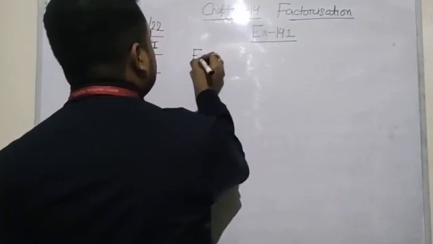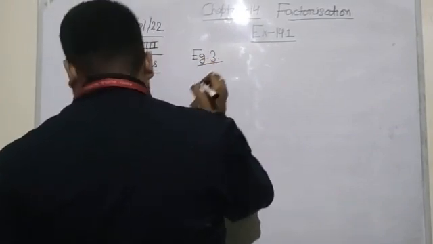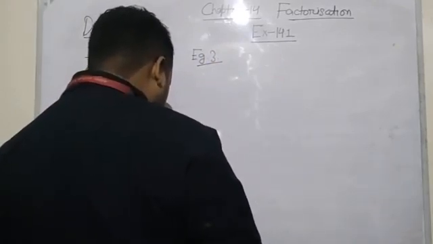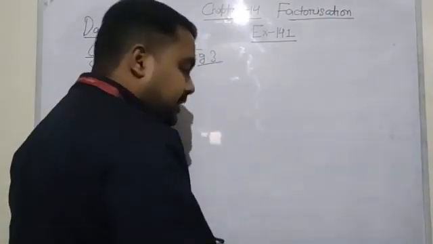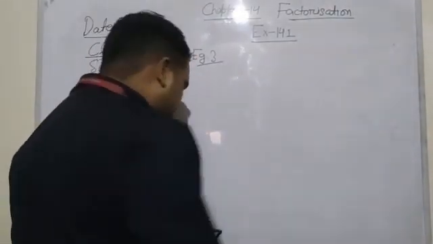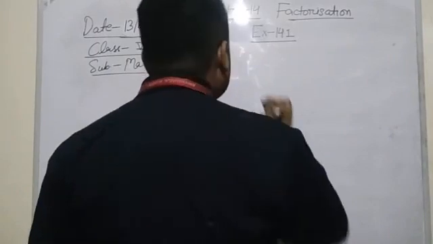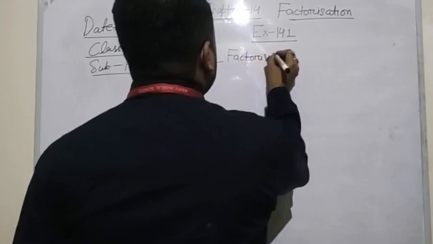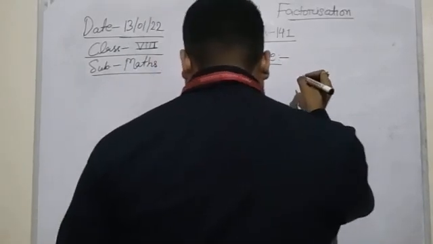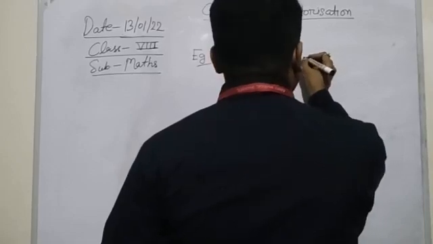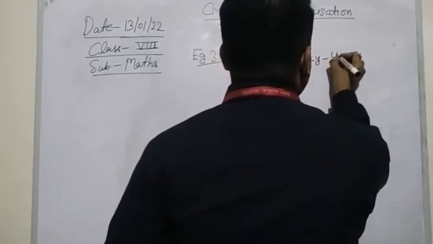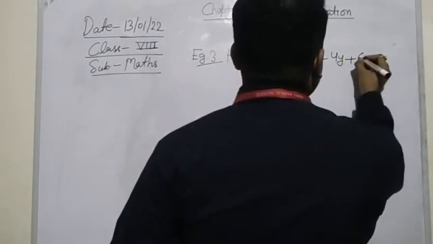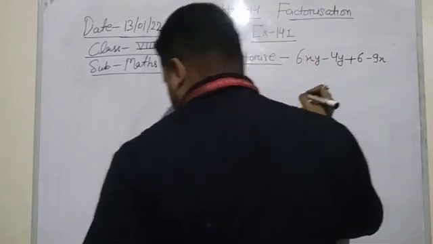Now example third. In example third, we have to factorize the term by another method, that is regrouping. So example third is factorize 6xy minus 4y plus 6 minus 9x.